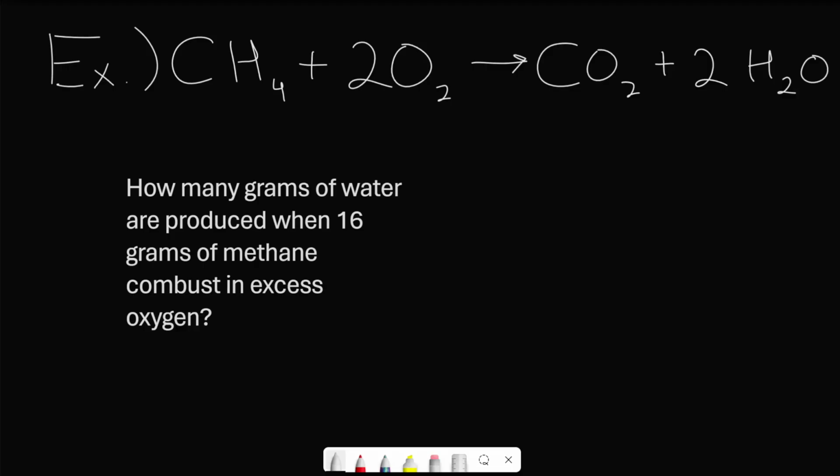It's very important to know that they're telling us directly that the 16 grams of methane is the mass of methane we're starting with, and there's an excess of oxygen. So by default, that means our methane has to be the limiting reactant. So everything is going to be limited by that. It doesn't really matter how much oxygen there is because it's in excess.